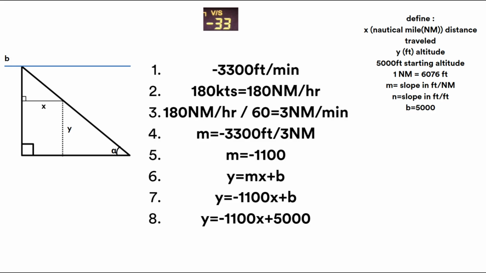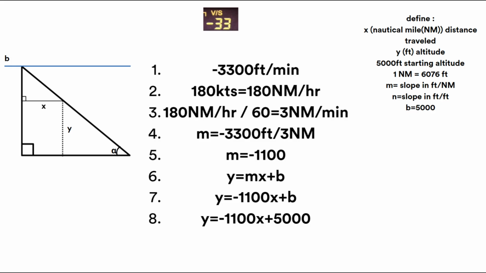Now we find the equation for the actual descent. Since the pilot entered a negative 3,300 feet per minute descent slope, we use the same variables. We first start from the vertical speed, which is negative 3,300 feet per minute.